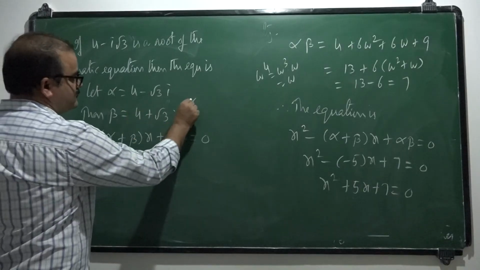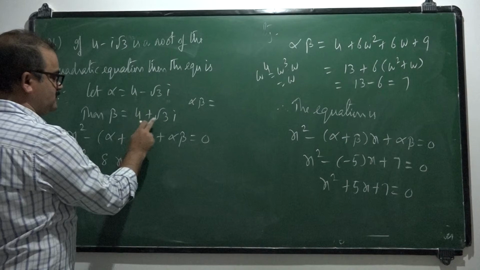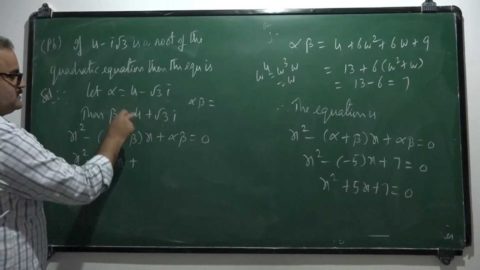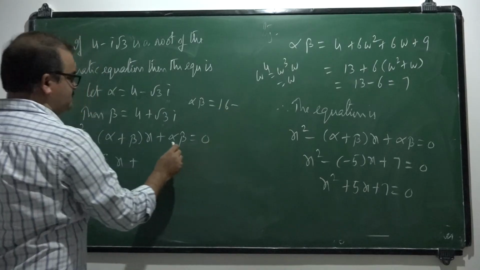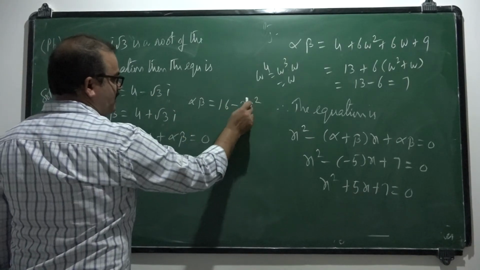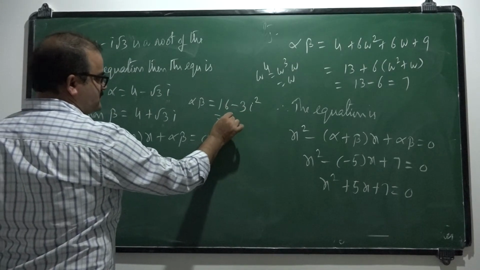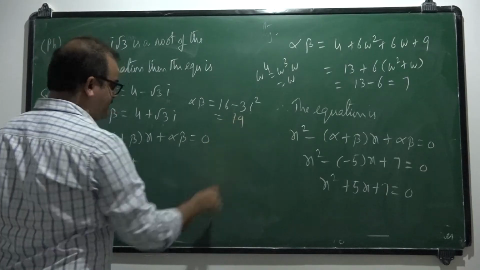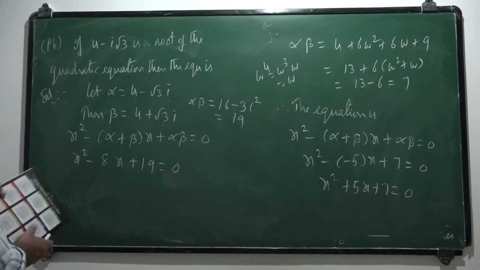Multiply these two. It is in the form of a minus b into a plus b, that is a square minus b square. a square is 16, minus b square, 3 into i square. i square is minus 1, minus into minus is plus, so 16 plus 3, that is 19, is equal to 0.